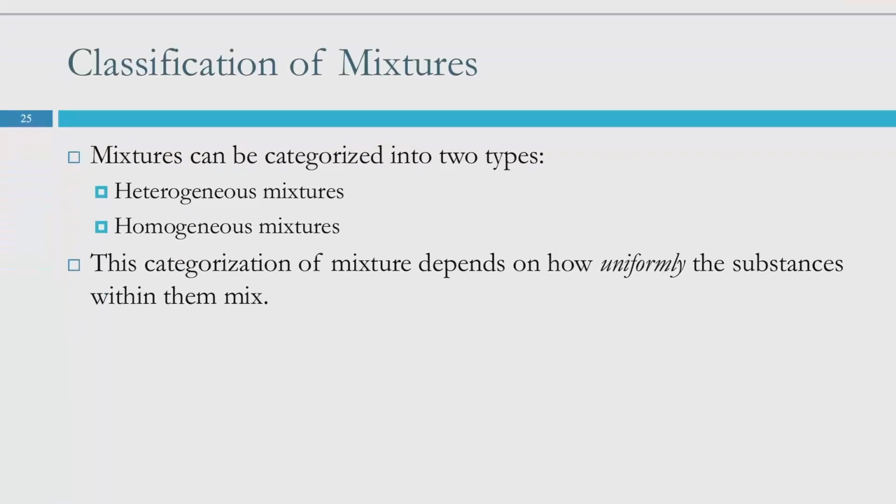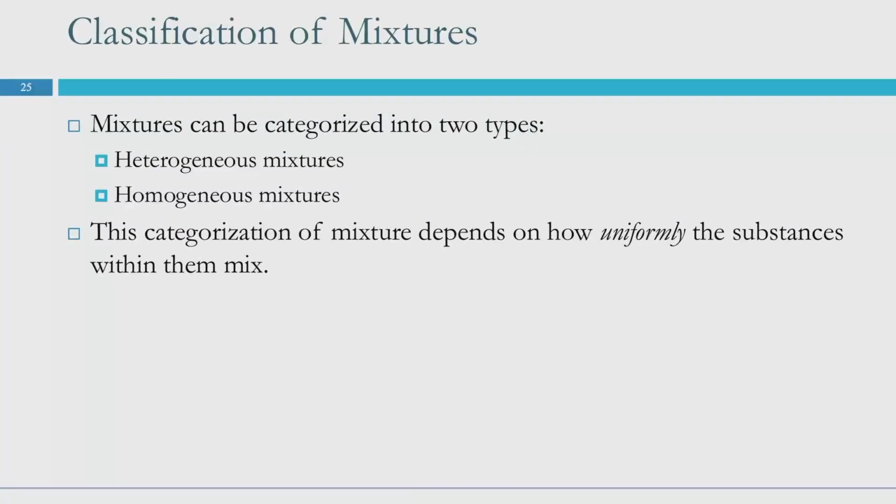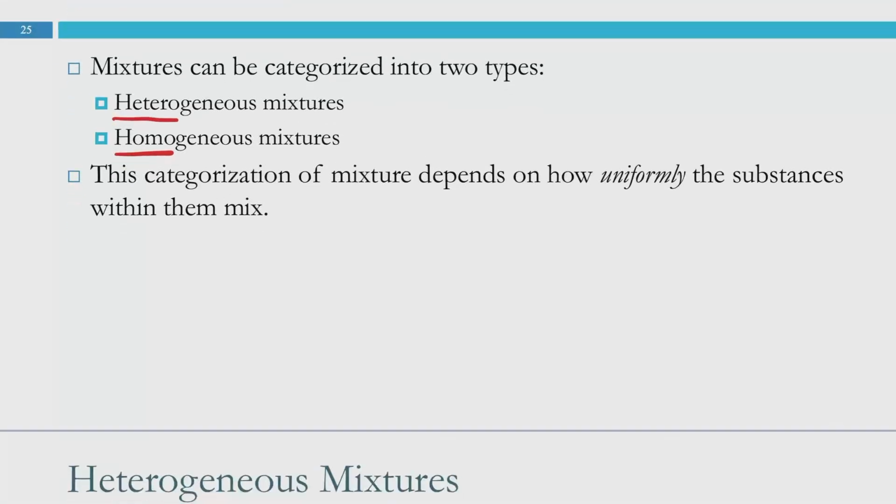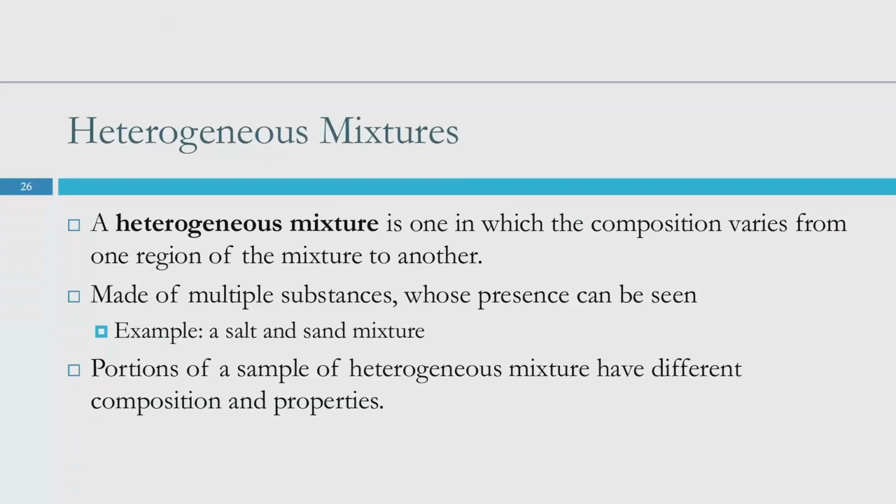Our mixtures, on the other hand, we can categorize as either heterogeneous or homogeneous. So we've got different prefixes here referring to how well mixed they are. So heterogeneous mixtures.